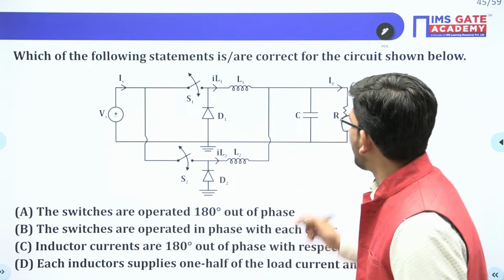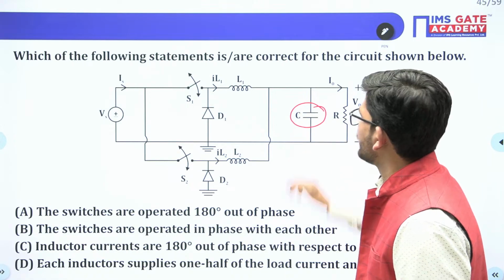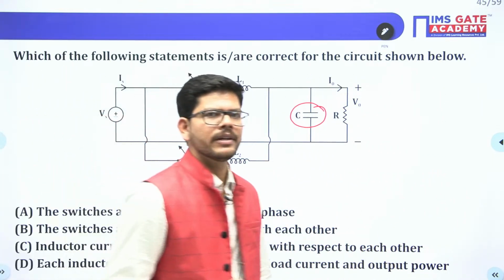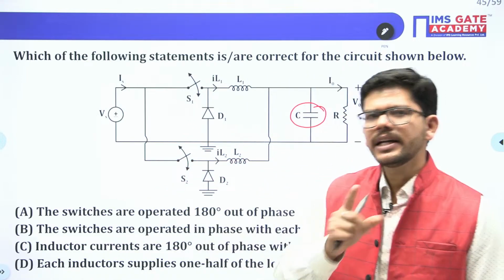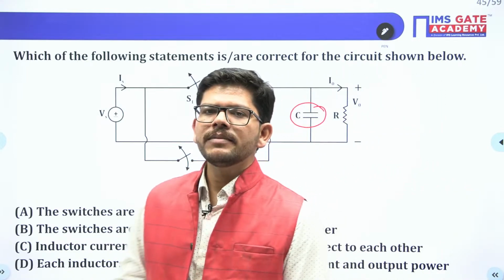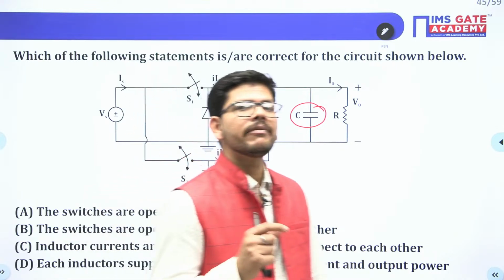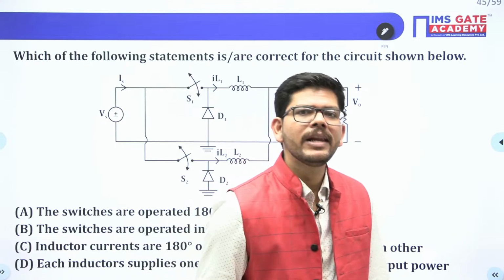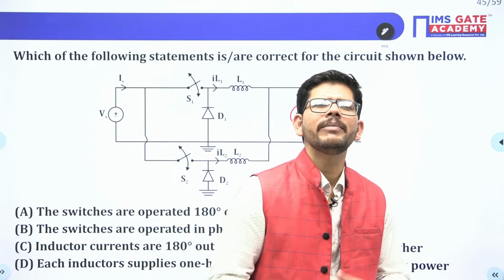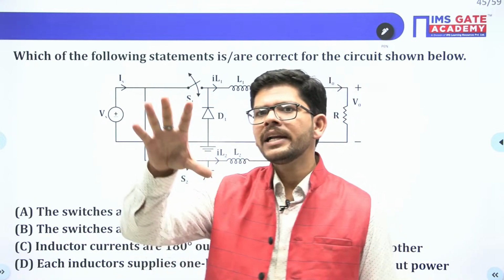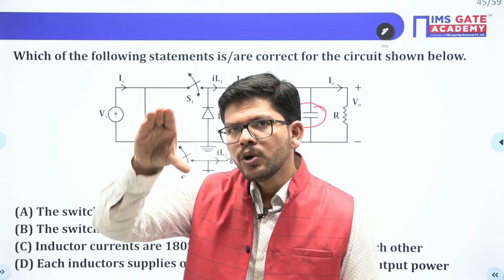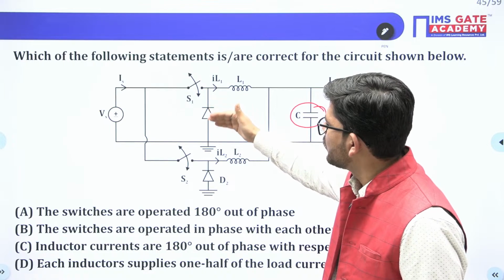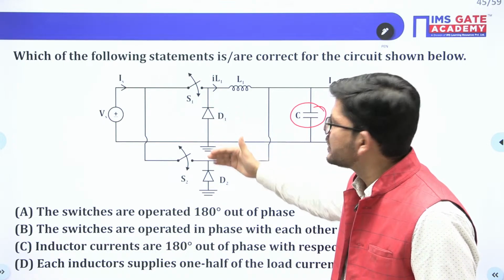So the capacitor requirement, if you have studied any of the converters, in the assumptions there is one common assumption that we will keep the capacitor value very high so that the output voltage ripples will be neglected or will be reduced. In order to get that capacitor value lowered, we do this particular parallel combination of these converters like this.